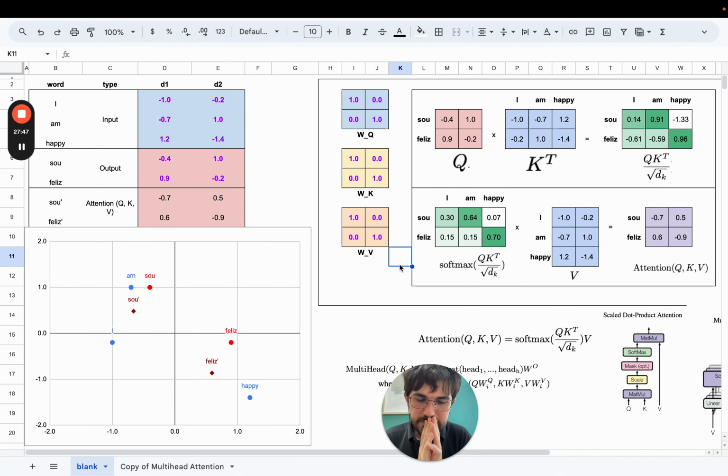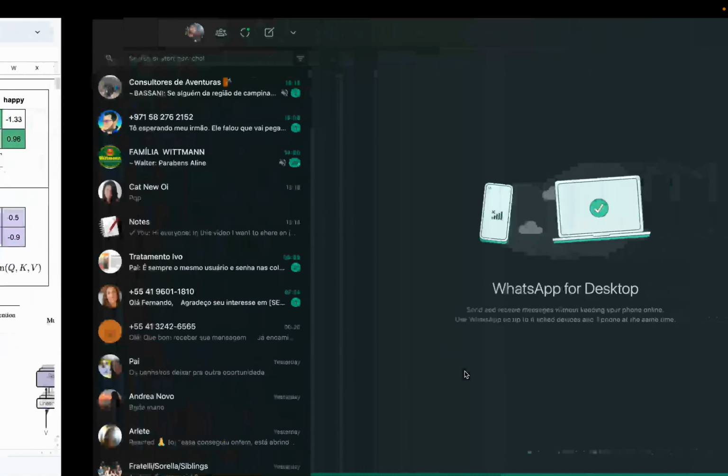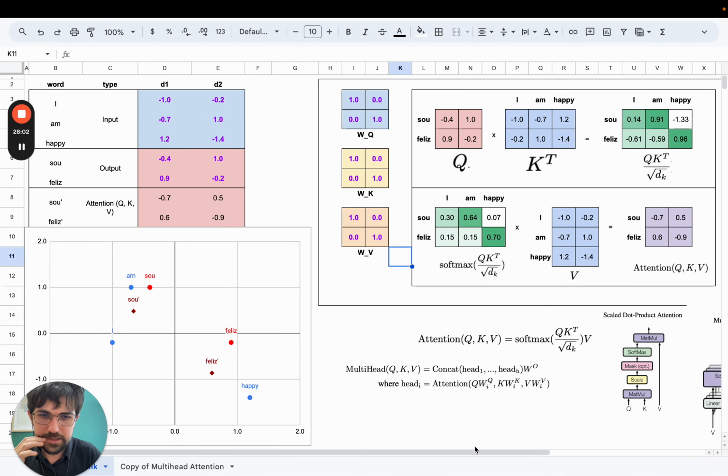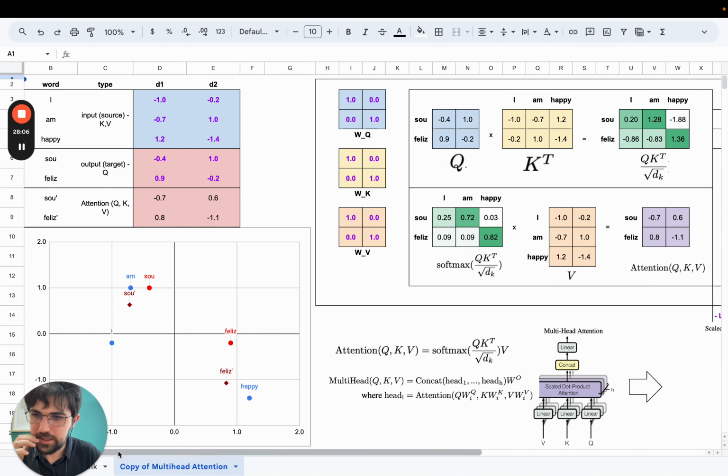And that's it. So here I demonstrated this implementation of multi-head attention using spreadsheets, and the only portion that is missing is here at the very end.